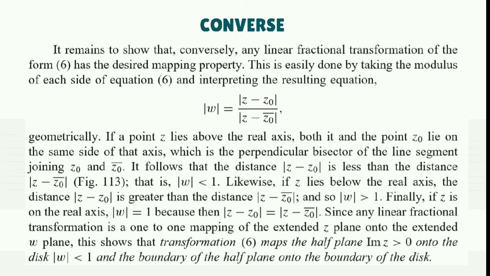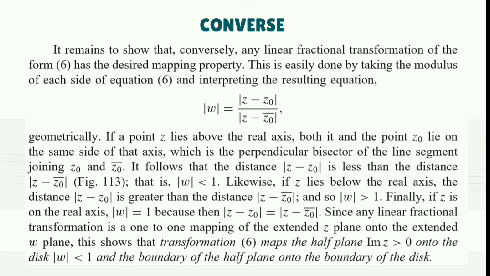If a point z lies above the real axis, both it and the point z0 lie on the same side of the axis, which is the perpendicular bisector of the line segment joining z0 and the conjugate of z0. It follows that the distance |z minus z0| is less than the distance |z minus the conjugate of z0|. That is, the absolute value of w is less than 1.